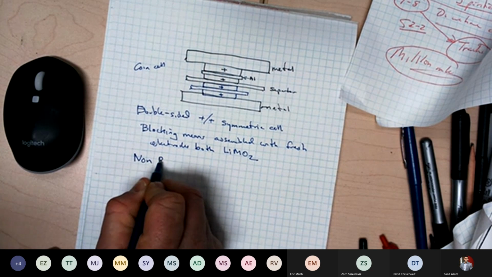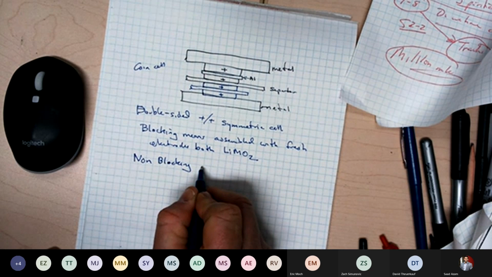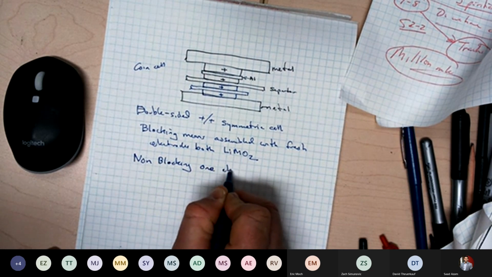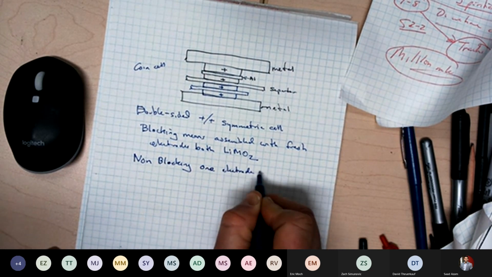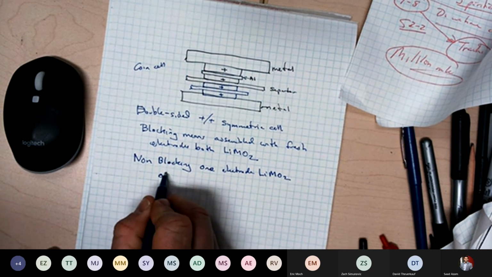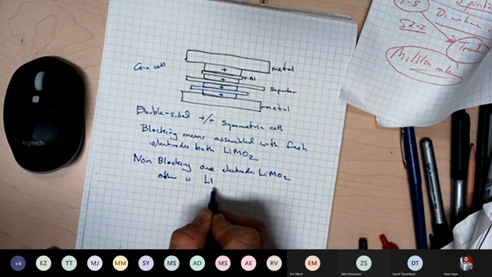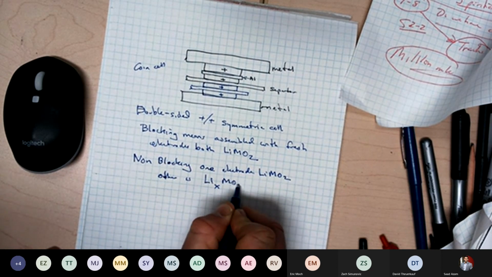Non-blocking means one electrode is LiMO2 and the other is Li_x MO2.